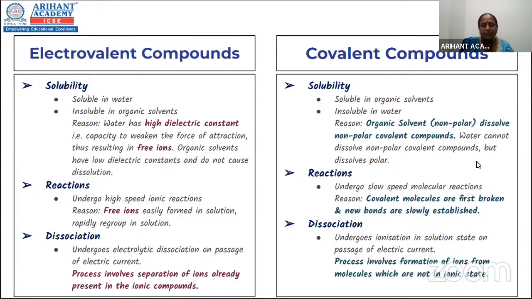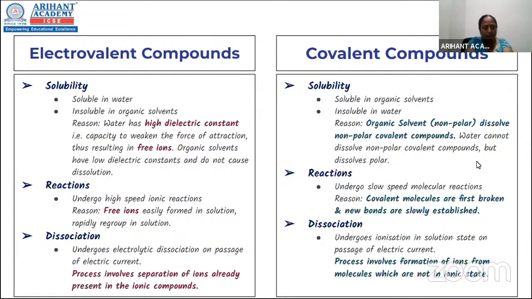So regrouping is easy because they were originally charged. And with covalent compounds, you'll have to break the bonds first and then make new bonds. And so obviously the reactions are going to be slow. So here free ions, which are charged particles, separate out in water and regroup. Faster reactions here and slower reactions in covalent compounds.